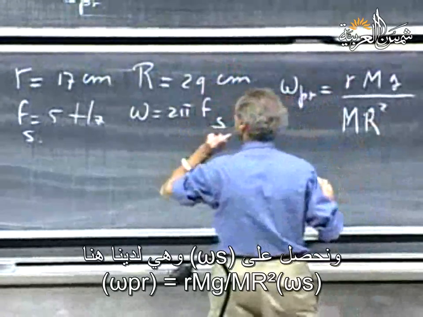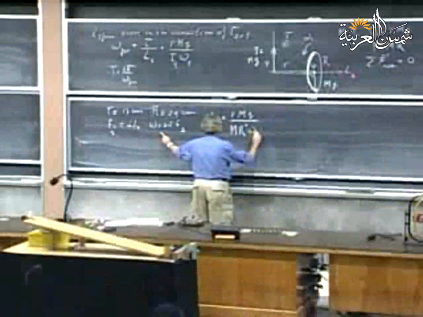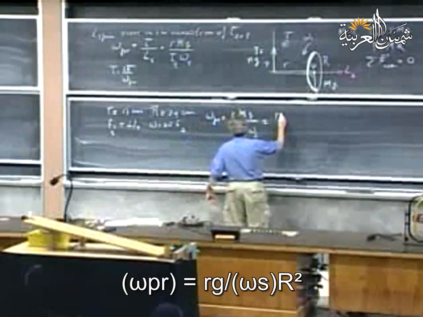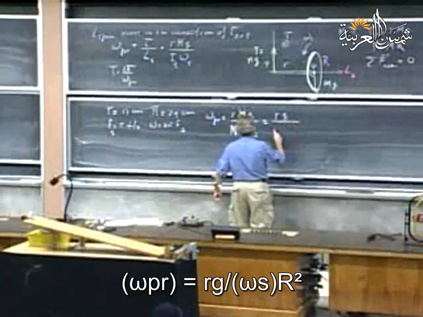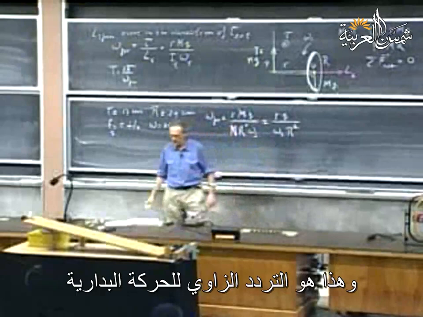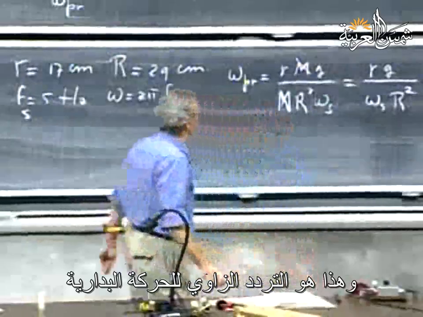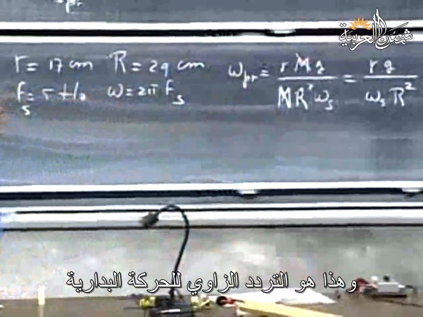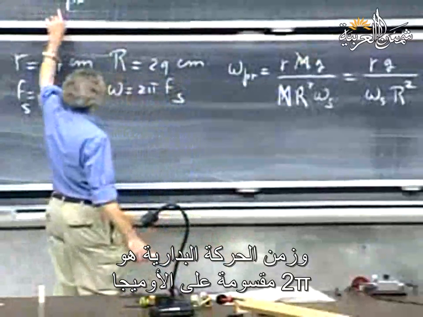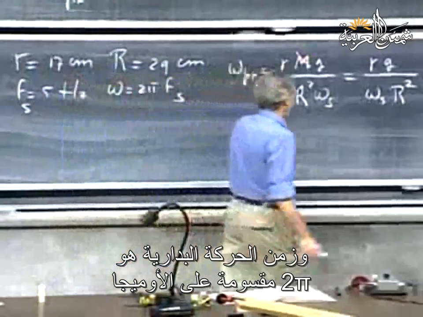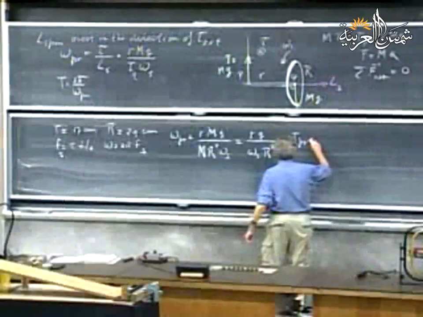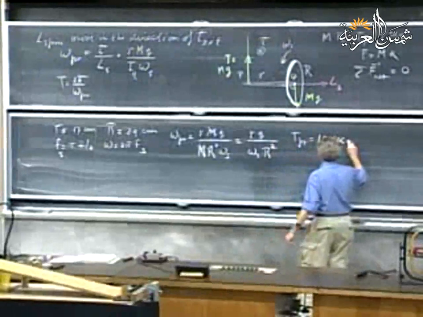We lose the m, and so we get rg divided by omega s times r squared. That is the angular frequency of the precession, and the period of the precession is 2 pi divided by omega, and you find for the period of the precession about 10 seconds.